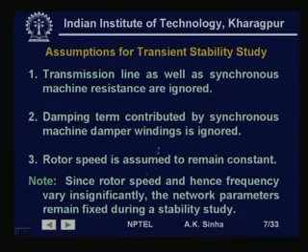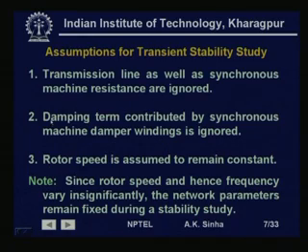So, if we get sustained oscillations, we can always say that the actual system is going to be stable, because there is going to be damping because of the damper winding, as well as damping because of the resistance in the transmission system as well as synchronous machine windings. So, there are power losses which will take place because of the resistance in the system.